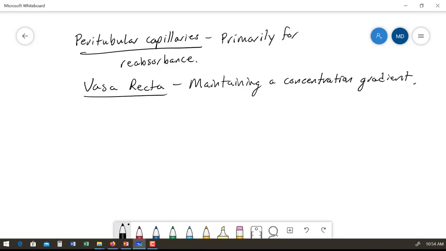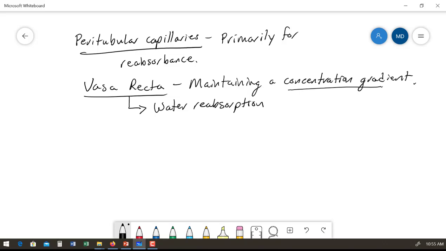And this concentration gradient is used to pull water out of the filtrate. So really the vasa recta is mostly used for water reabsorption, and it does this by utilizing a concentration gradient. That's why we focus on the concentration gradient here.